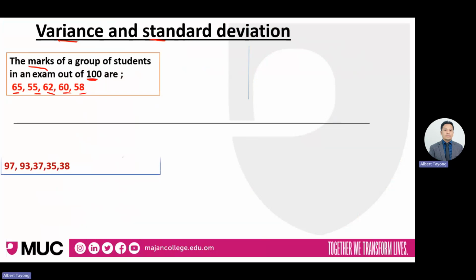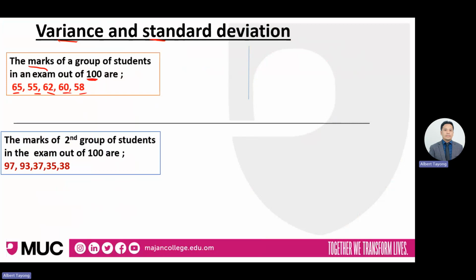For the second group, for example, here we have 97, 93, 37, 35, and 38. Again, these are marks of students, a second group of students. So the first one is our first group, and here we have our second group.